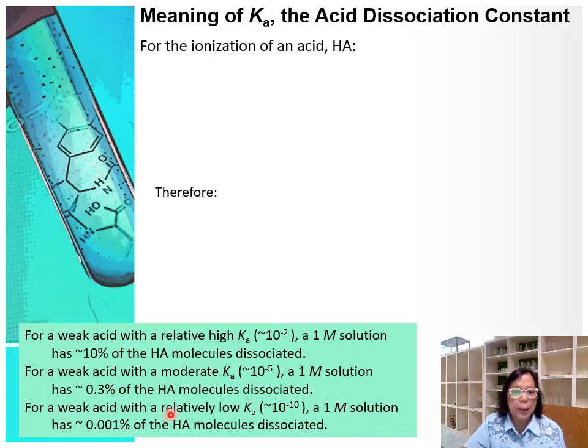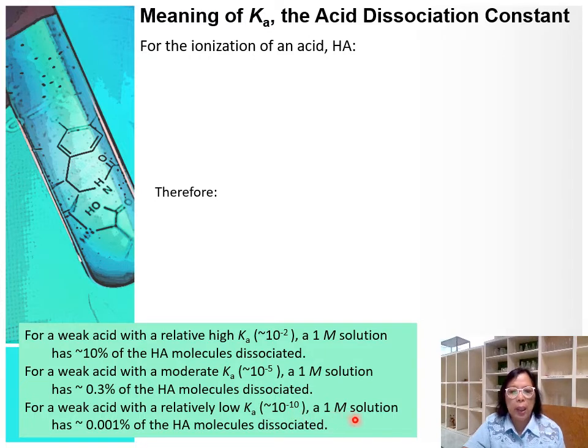For a weak acid with relatively low Ka, take note, the first one is relatively high, and then moderate Ka, and then relatively low Ka. So approximately it has a Ka value of 10 to the negative 10.